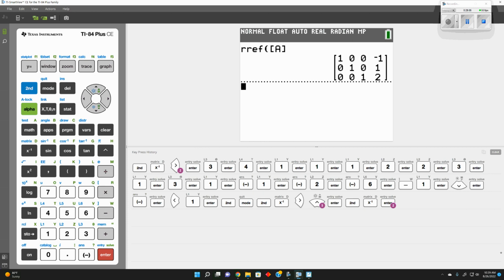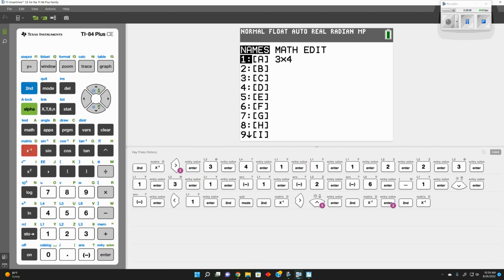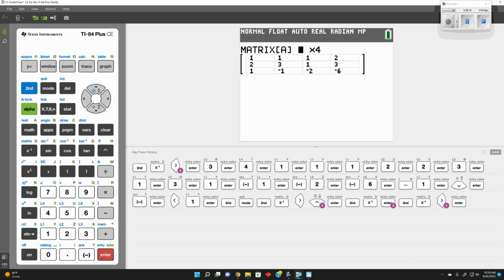So we can pull the calculator up. And again, we can go second matrix and go over to edit and hit enter. So we still have a 3 by 4, yes? Yep, 3 rows, 4 columns, because any 3 variable system is going to be a 3 by 4.